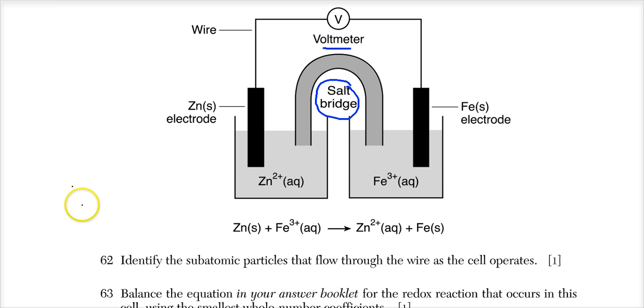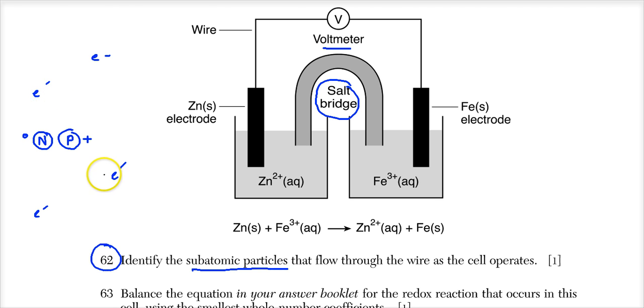And now the question states, number 62, identify the subatomic particles. Subatomic particles are smaller than an atom. Well, they make up the atom. Those are the protons, which are in the nucleus and positively charged. Those are the neutrons, which are also in the nucleus and have no charge. And of course, the electrons outside the nucleus, in those orbitals and electron shells.